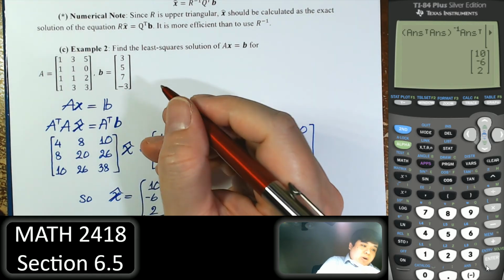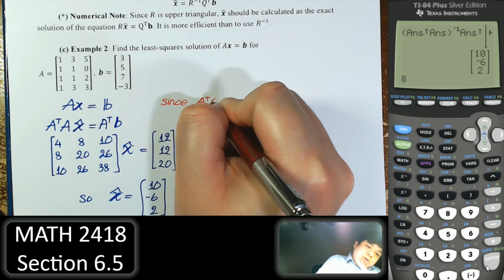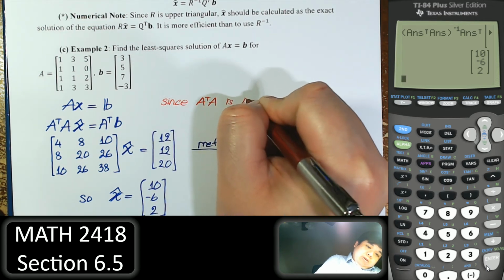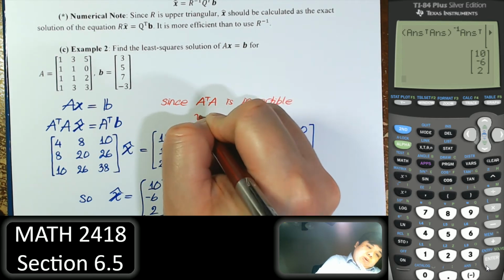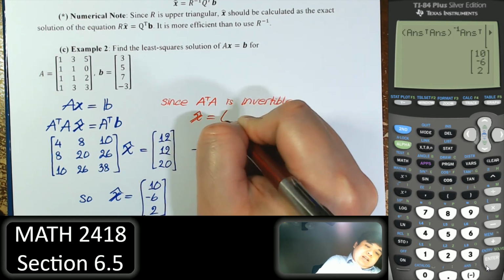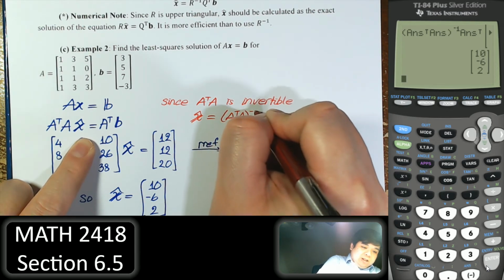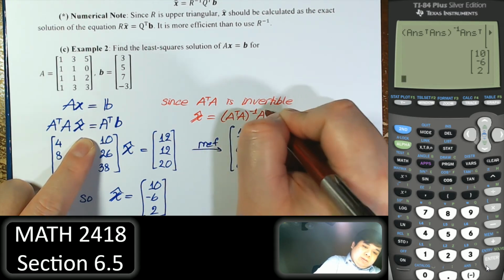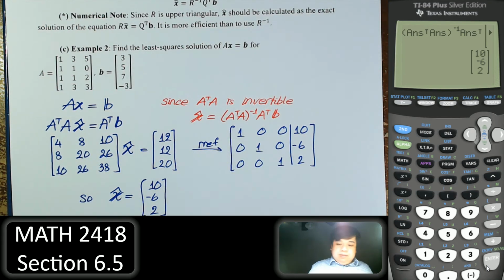I write a little note here. Since A transpose A is invertible, the solution is given by the pseudo inverse. Multiply the inverse of that on both sides. Right, so we can just use that directly.